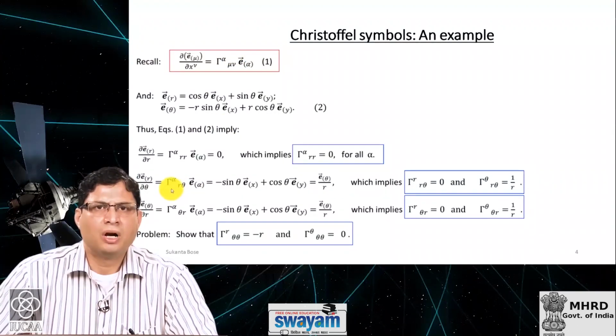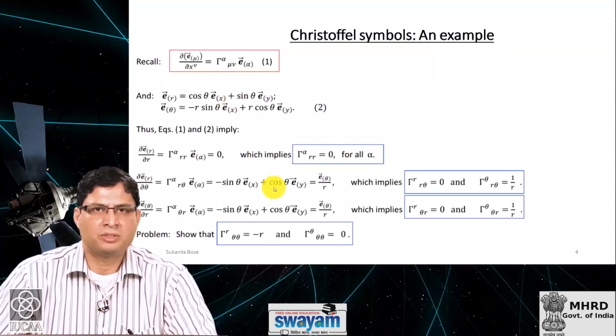So if you look at equation 2, the angular derivative of Er is non-trivial now, and that is because it involves cosine theta and sine theta. If you take the derivatives, you get negative sine theta, which is written here, and the derivative of sine theta is cosine theta, which is written in the second term.